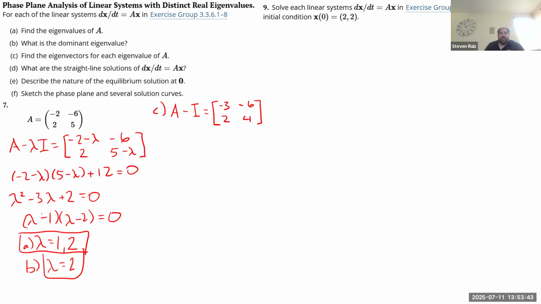All those things are equivalent. So if you're having any doubt, take the determinant. In this case, the determinant is negative 3 times 4 minus 2 times negative 6. I get negative 12 minus negative 12, that's equal to 0. So when you're ever in doubt, go ahead and do that.